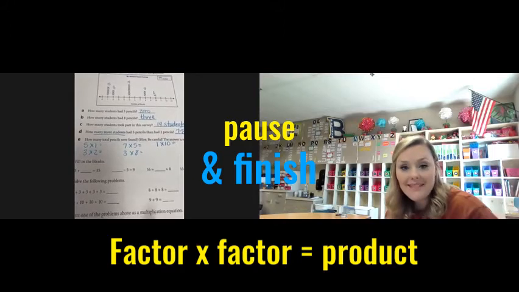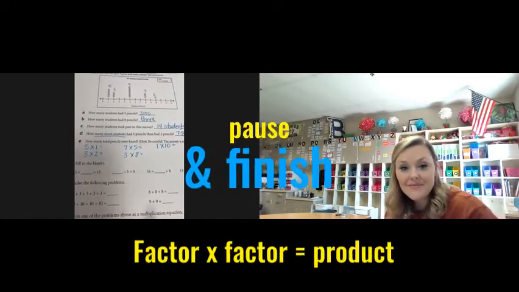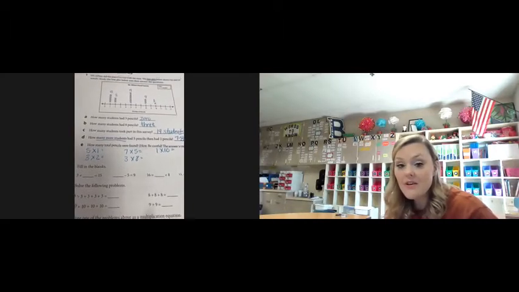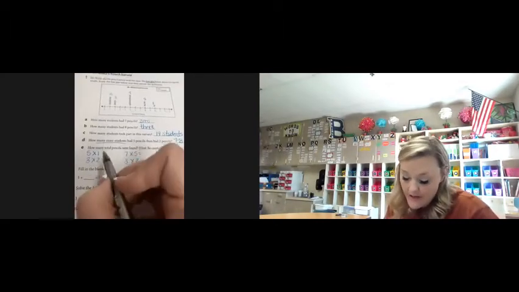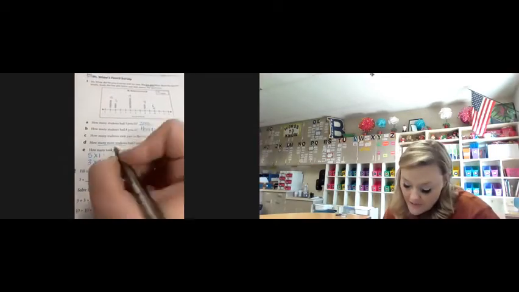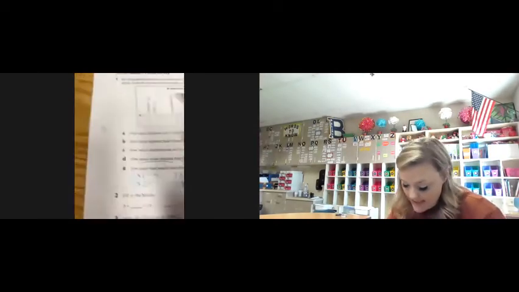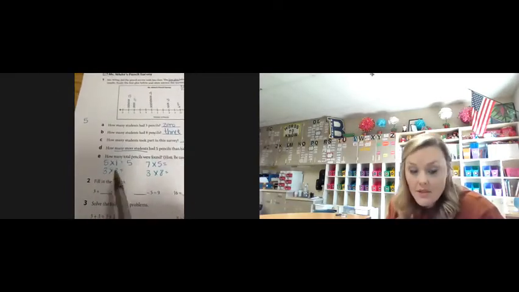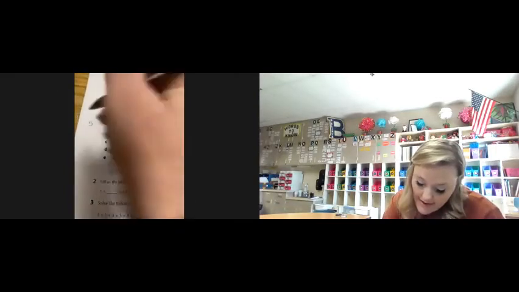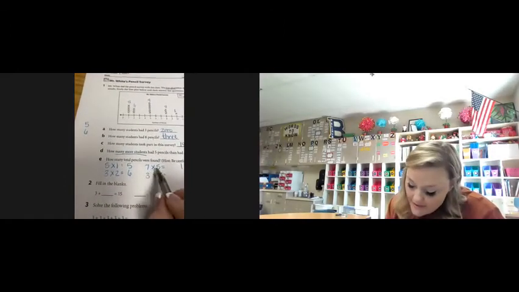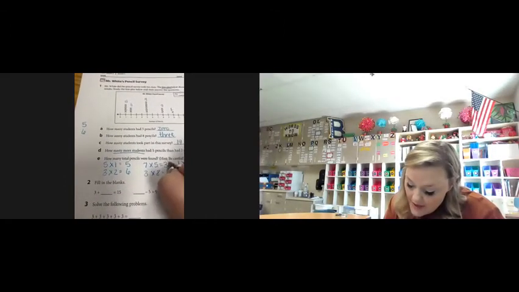Take a moment and do that. Okay, friends, hopefully you had a second to pause the video and solve these equations. We're going to find the products. 5 times 1 is 5. And so then I'm just going to take a 5 and I'm going to put it right over here in some space that I have. 3 times 2 is 6. And again, I'm going to put my 6 up here. 7 groups of 5 is the same as 35.